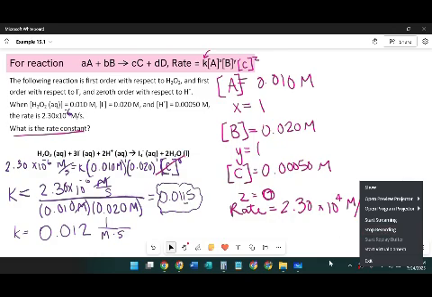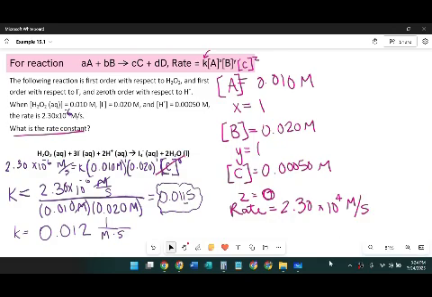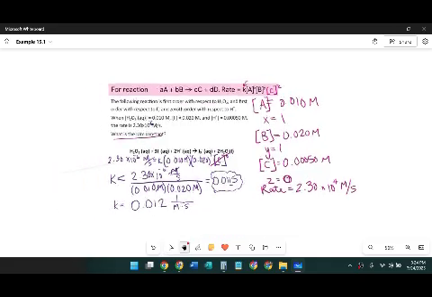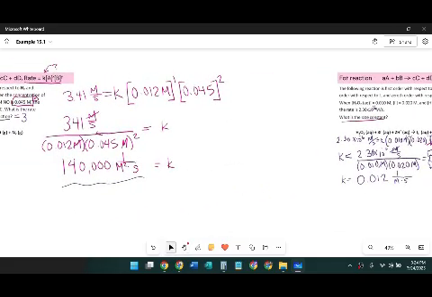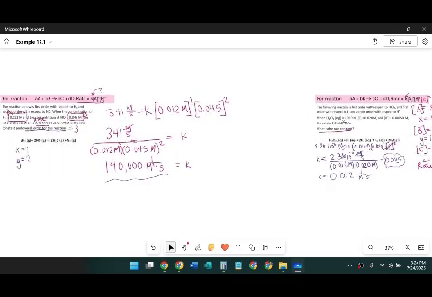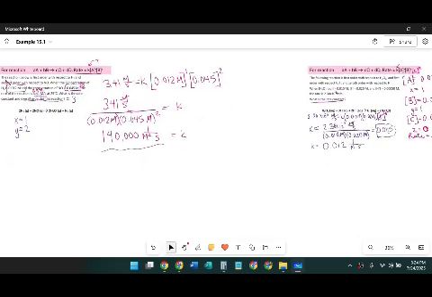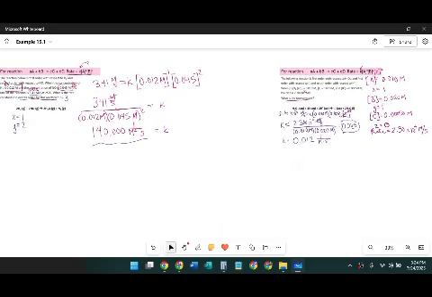Before I stop recording, notice that this one had 1 over M times s, molarity times seconds, and the one over here had an M squared on the bottom. The units for the rate constant will depend on the overall order of the reaction, because the order of the reaction gives you different exponents. So if you have a squared like you did with this one, you're going to end up squaring that unit too.